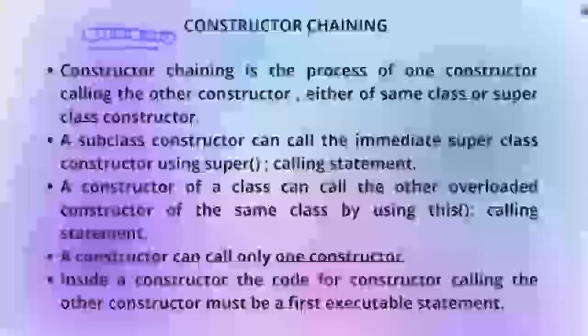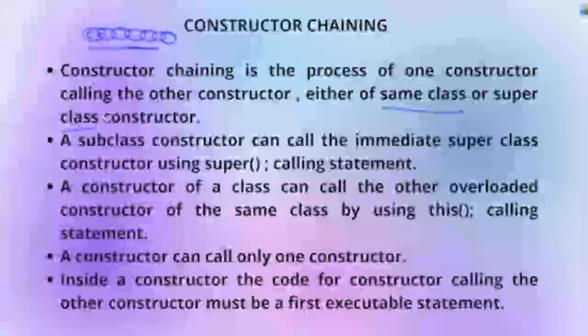So constructor chaining is a technique of taking one constructor from one class and linking it to another constructor of the other class. Constructor chaining is a process of one constructor calling another constructor, either of the same class or of the superclass constructor.